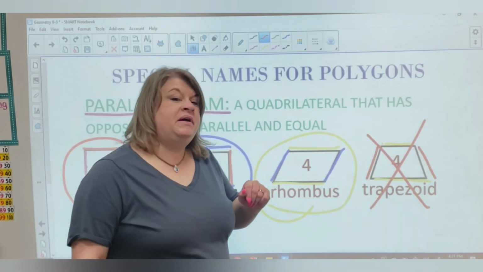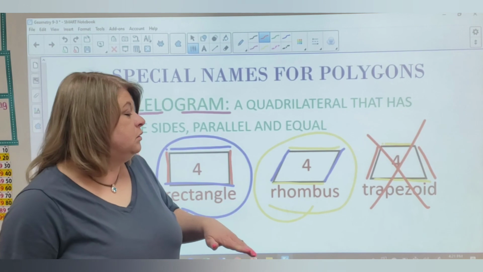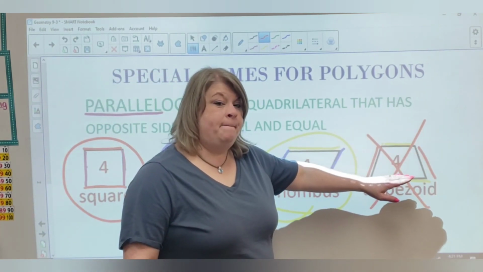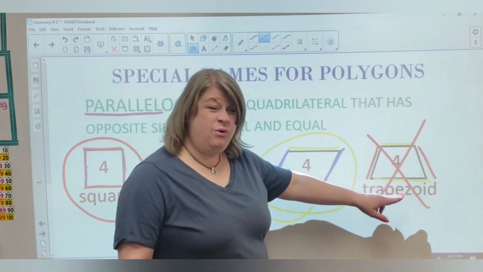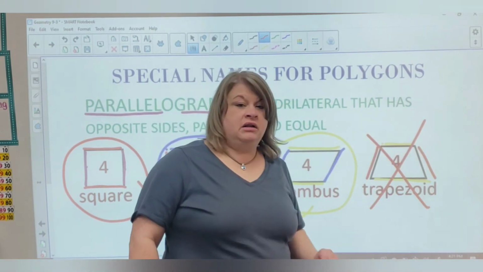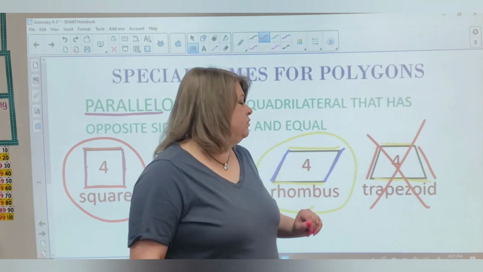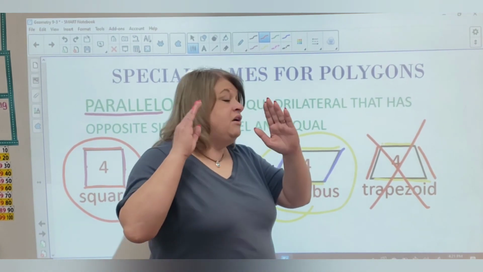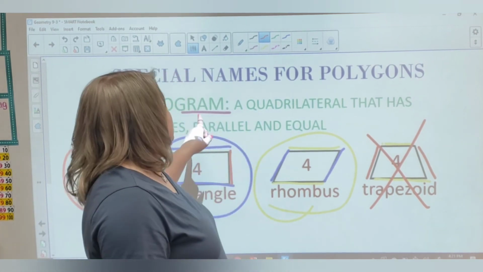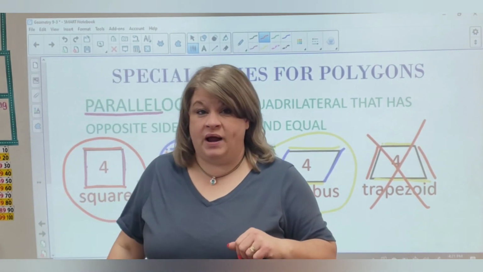Why is it not a parallelogram? Are these two sides parallel? Are they equal? No. Are these two sides parallel? No, they're not. They're opposite, aren't they? They are equal, but in order for it to be a parallelogram, it has to have both parts correct.